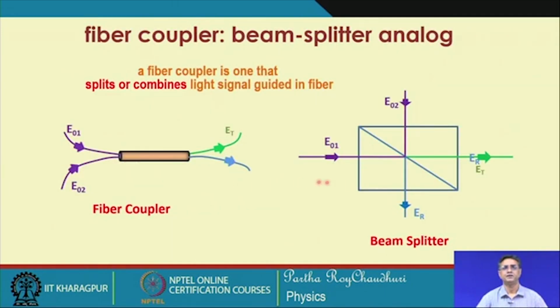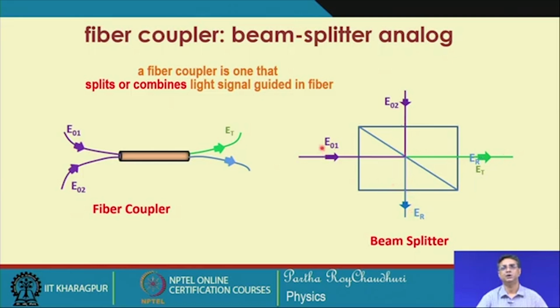Okay. So, this is an analog of a beam splitter. When we have a beam splitter, we have an incident light, and a part of the light will be reflected and a part of the light will be transmitted. But it could as well happen that the light is incident from the other side, then part of the light will be reflected here and part of the light will be transmitted.